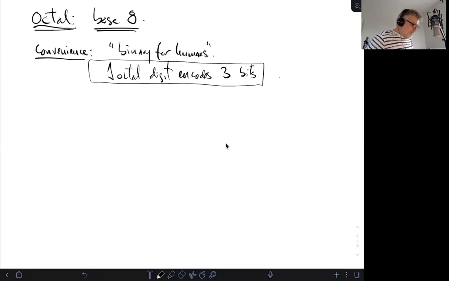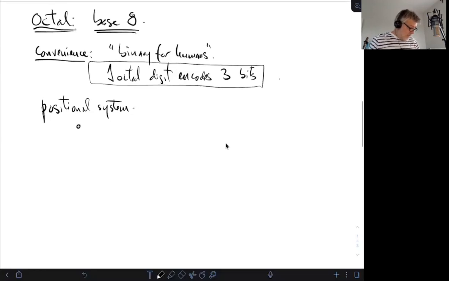Okay. All right. So let's just review the basics here. So this is base 8. Of course, it's the same positional system, right? So we'll have to look at some basic powers of 8, which is our base. 8 power 0, of course, is 1. 8 power 1 is 8.